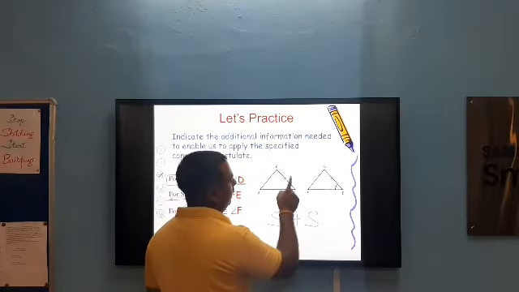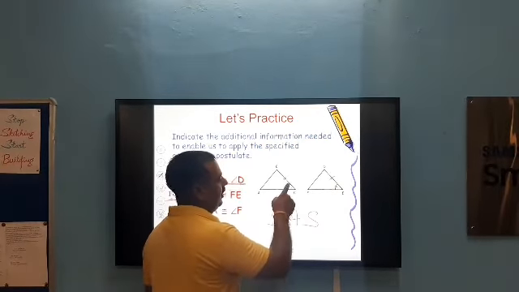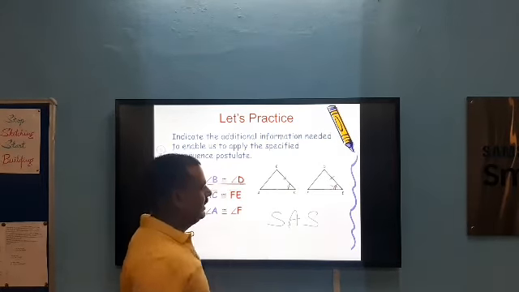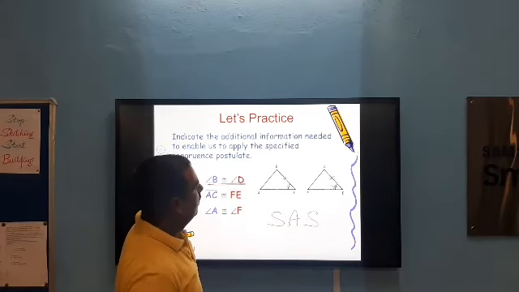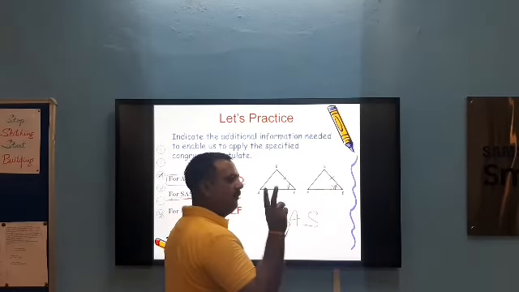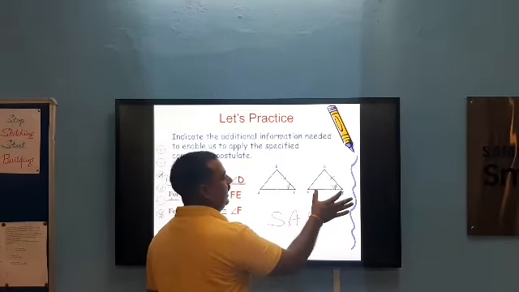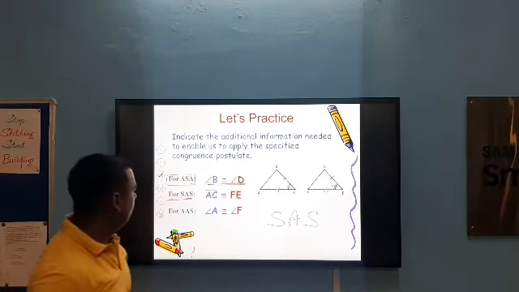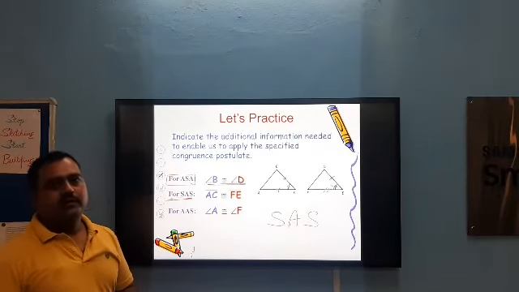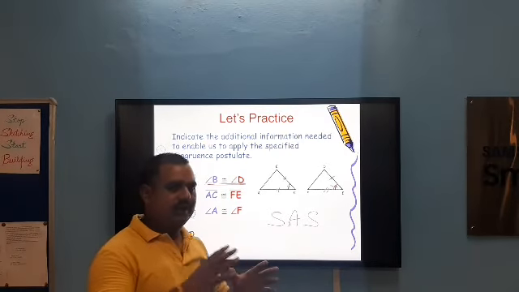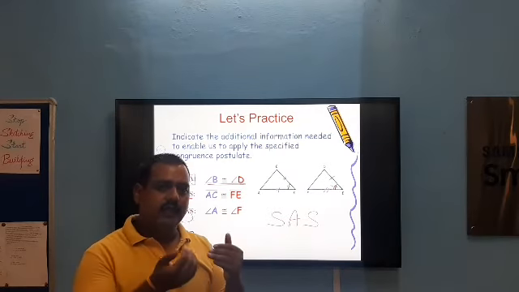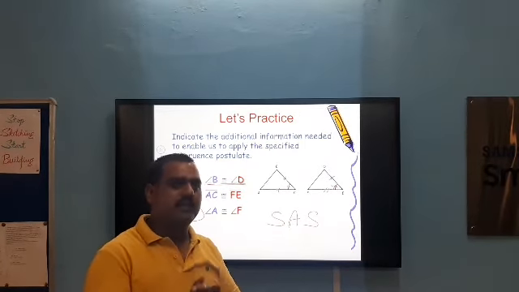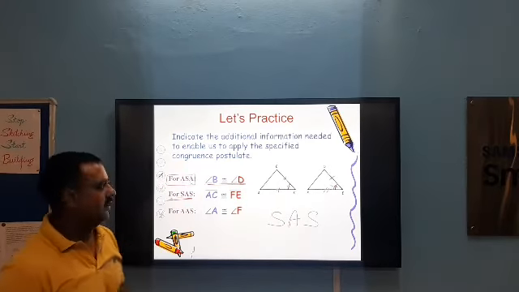Here one side BC is equal to DE, angle C is equal to angle E. Now this angle must be included between two sides, so another pair of sides is AC equal to FC. In this way, if we know the criteria and we know that two triangles are congruent and we have some equal parts and some missing parts, then we can find the missing equal parts also.